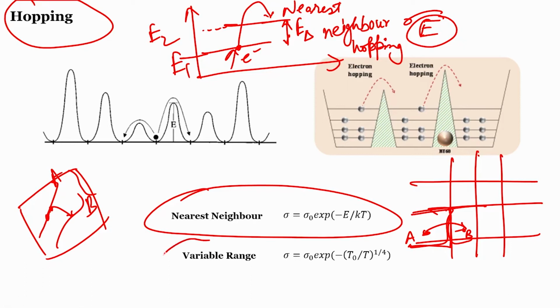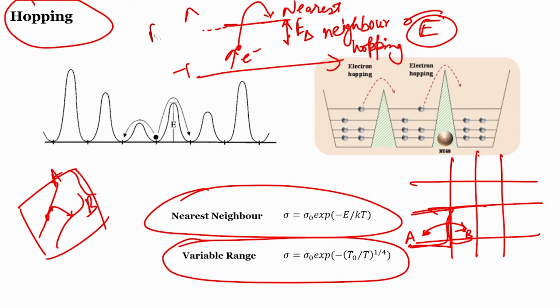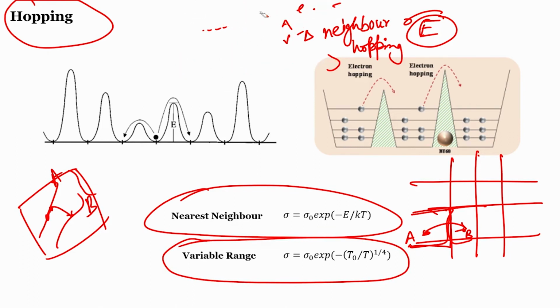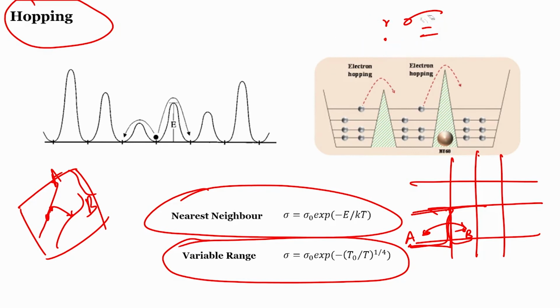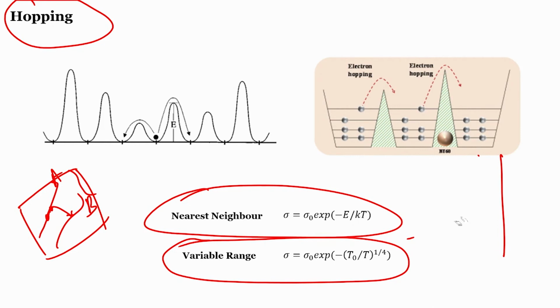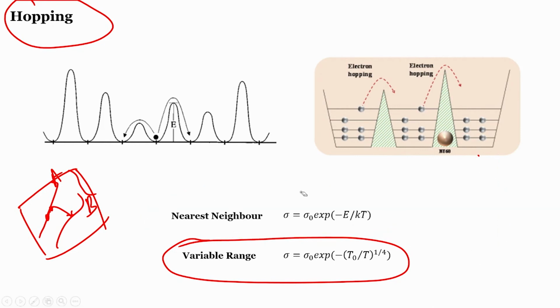Now let us look at the second type of hopping. This type of hopping is generally observed when the temperatures are not elevated. You don't have that high amount of thermal energy to provide enough input to the electron to make that jump.